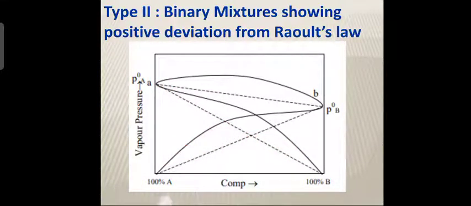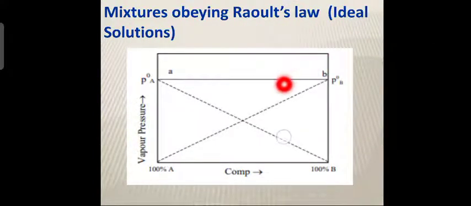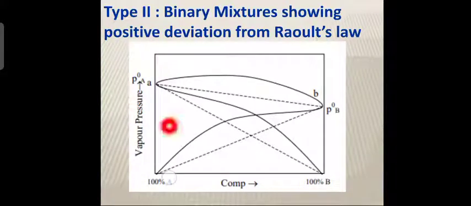The curve like this will give you the positive deviation. Similarly, this curve also gives positive deviation from Raoult's law.